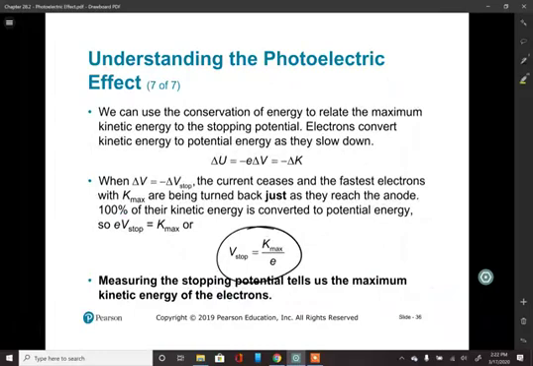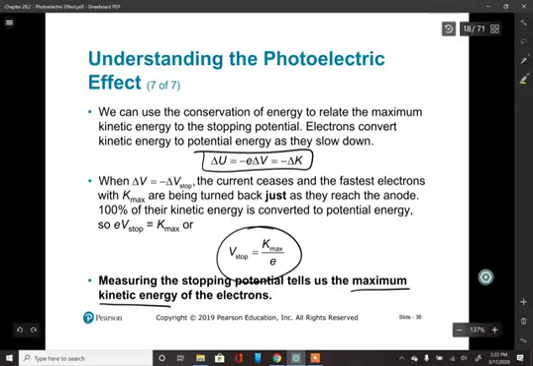If you know the stopping potential, you know the maximum kinetic energy the electrons had when they were ejected from the surface. And as we saw, if you know this maximum kinetic energy and you know what metal you have, you can figure out how much energy the light gave it. Or if you know how much energy the light gave it, you can figure out the work function of the metal. But this is all straight from energy conservation.